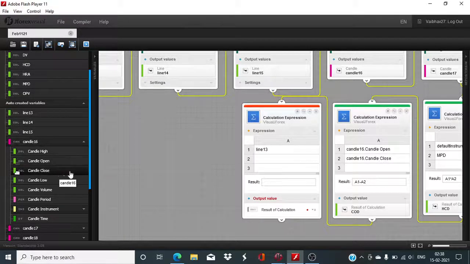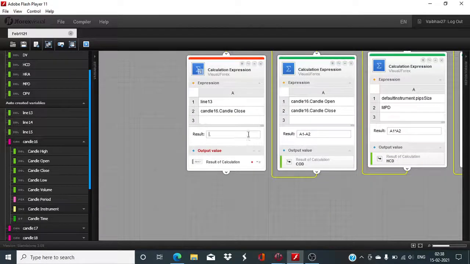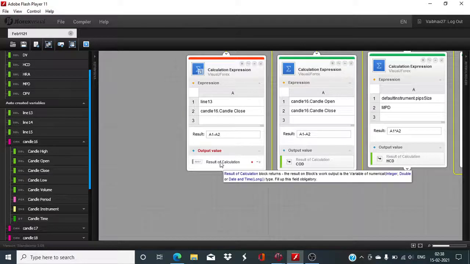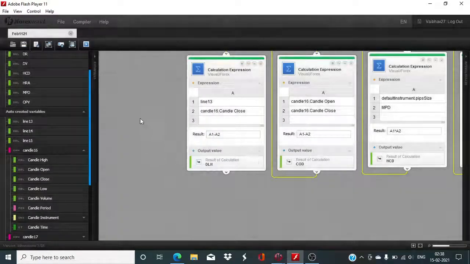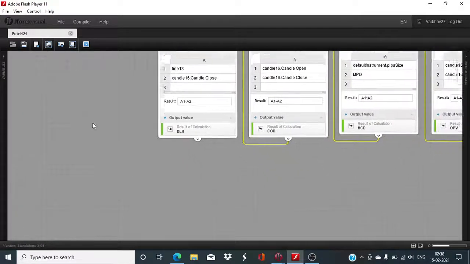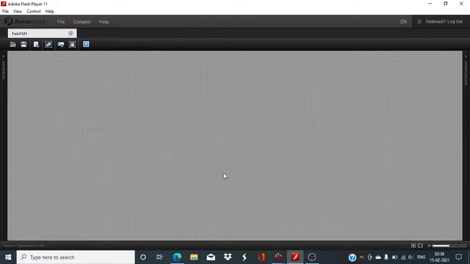So again, this calculation is going to be A1 minus A2, and I think we can name it difference of linear regression and historical candle. Okay, DLH, I think that should be good enough.